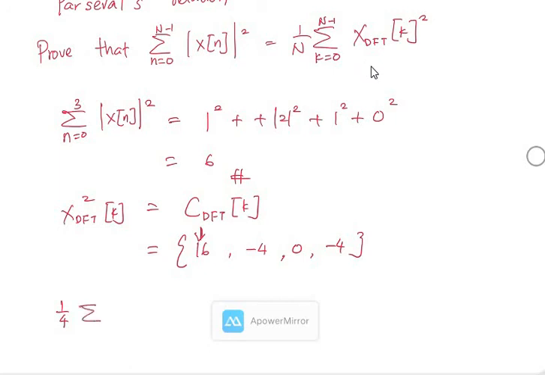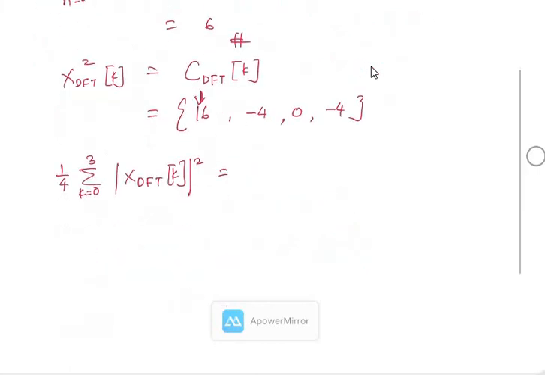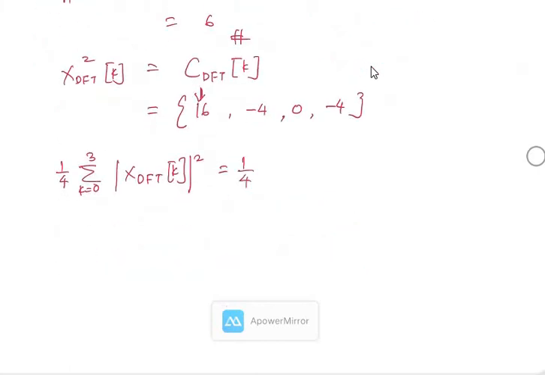So this is the summation k from 0 to 3 of XDFT k square, equal to 1 over 4 times 16 plus 4 plus 4, taking the modulus of negative 4 each time. So 16 plus 8 divided by 4 equals 6.